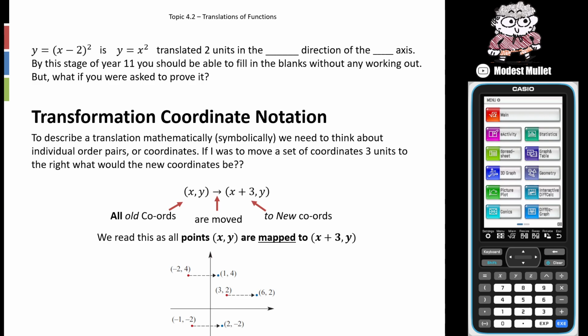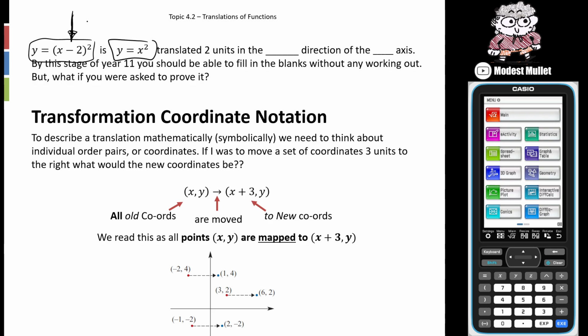Now we know, if we've been up to date and paying attention, if we look at y equals (x minus 2) squared compared to just y equals x squared, this function here, (x minus 2) all squared, is translated 2 units in the, and hopefully you should be very quickly able to fill in these blanks, in something direction of what axis?